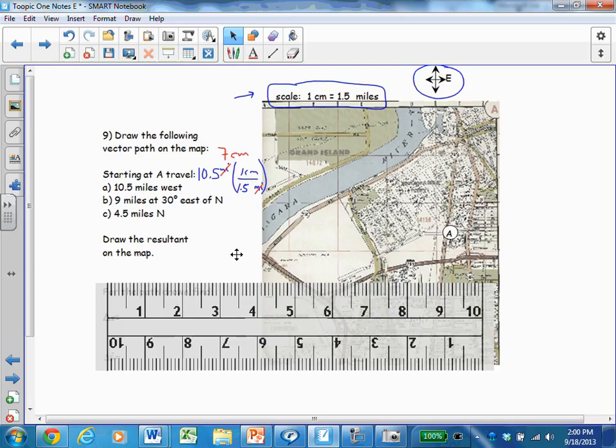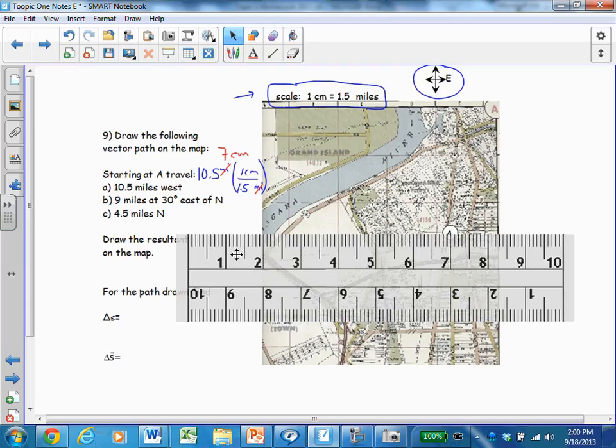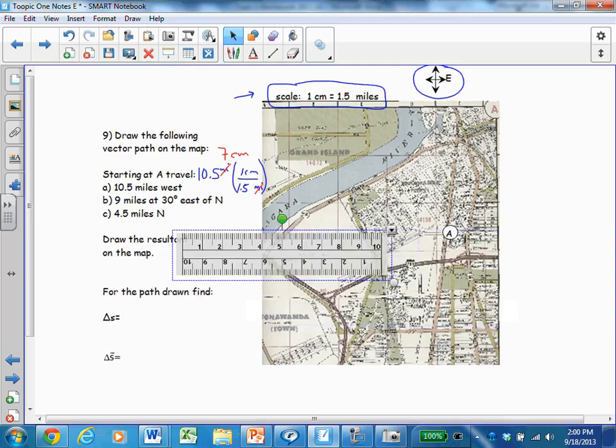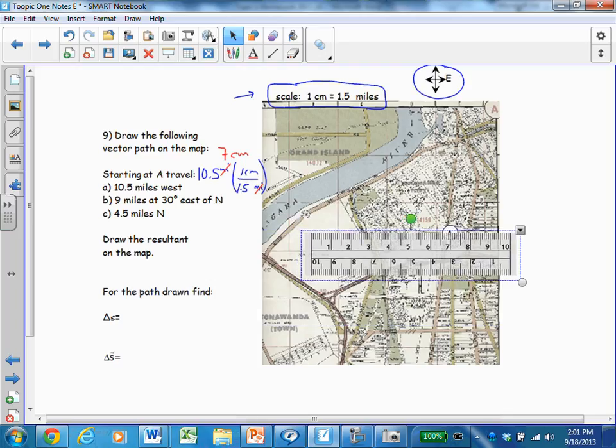Now this is where you help me, because if you put yours on A, if I put mine on A, 7 centimeters is going to bring me to here. I know that's way too big, so where does yours bring you to when you do yours? I'm trying to get the scale of my ruler correct. Where does it bring it on yours is what I'm asking.